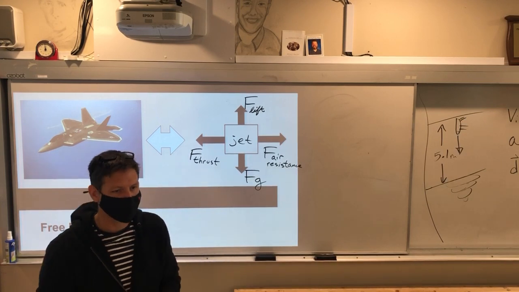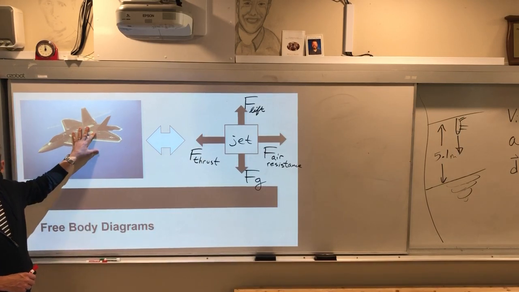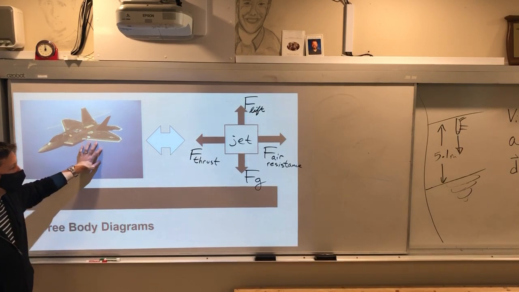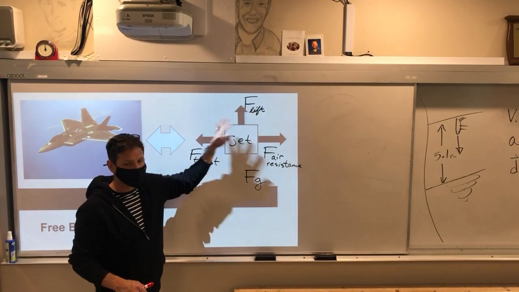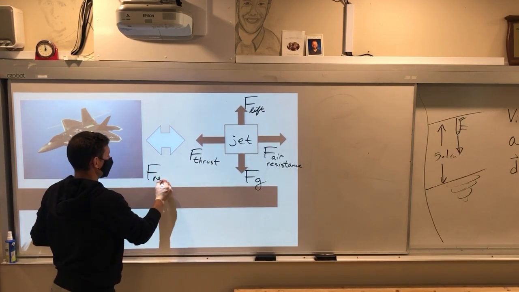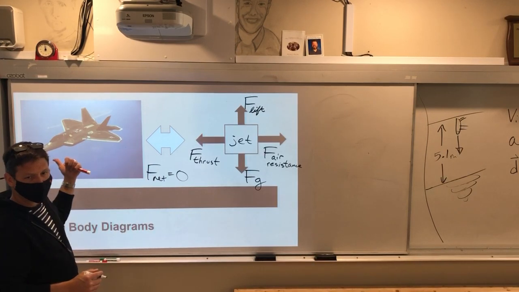Very good. If this jet is flying at a constant velocity, all these forces are equal, and the net force is 0. If it's accelerating forward, then what would you say?